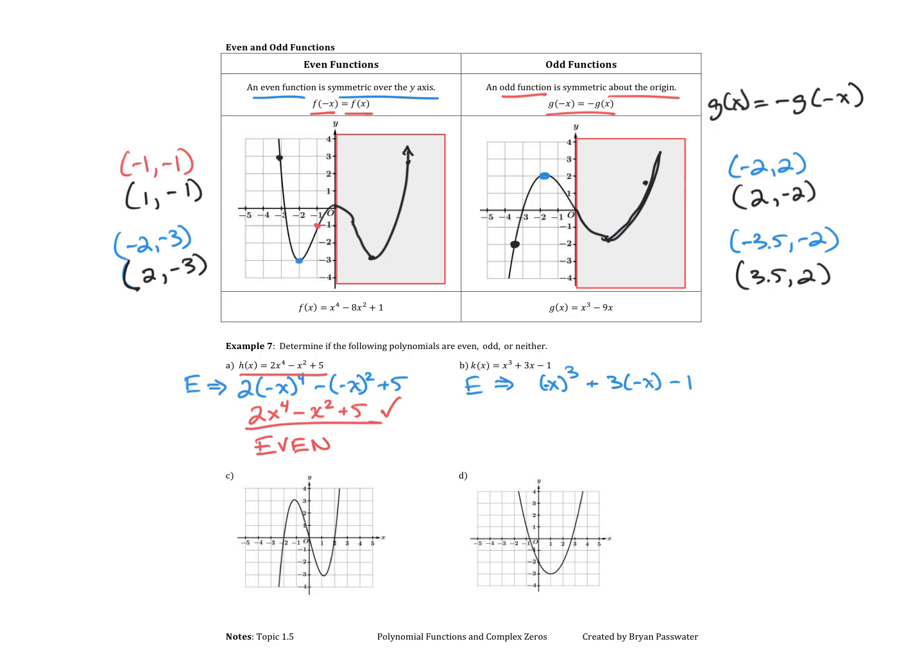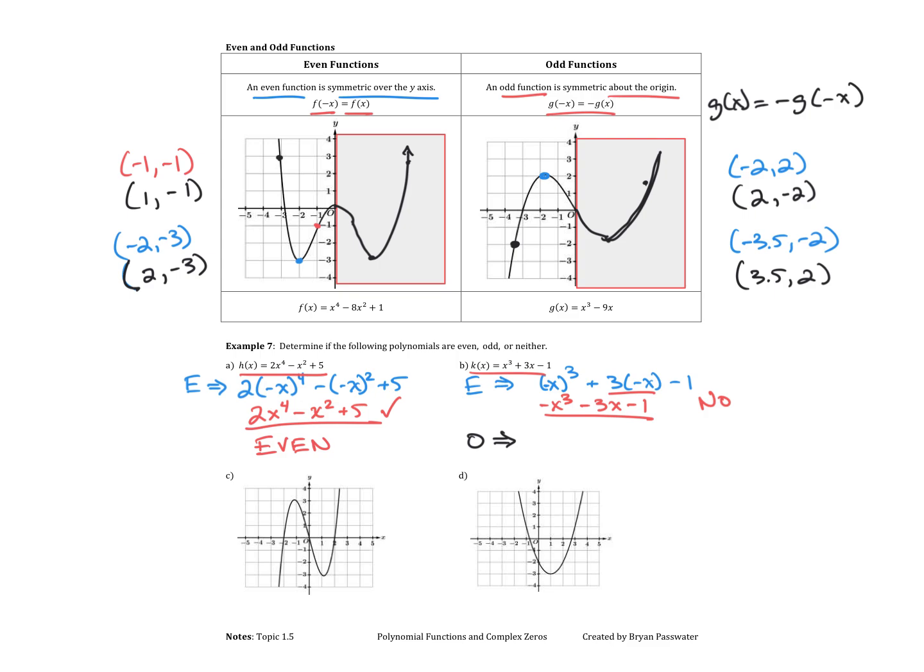If I have a negative x cubed, what's that going to be? Negative x cubed. The negative gets to come out. And if I have 3 times negative x, what's that become? Negative 3x. And then I still have minus 1. So is that the same as the original? No. So is it an even function? No, it's not even.